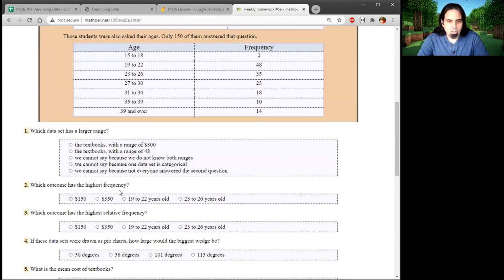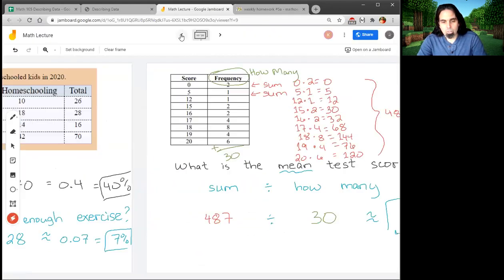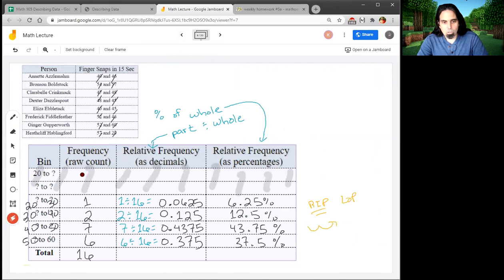Which outcome has the highest frequency? That's what's the tallest bar. You've done that already. Which outcome would have the highest relative frequency? If I took a bunch of frequencies as their raw counts and made percentages out of them, is it always true that the biggest frequency will have the biggest relative frequency?